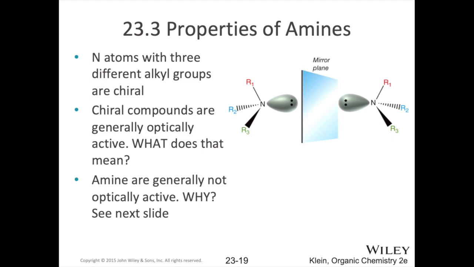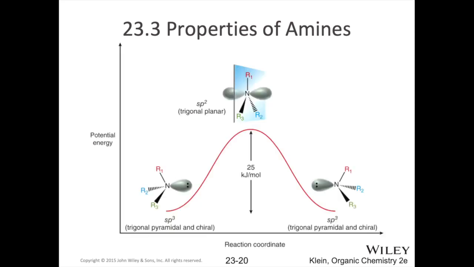And therefore, your optical activity kind of gets muted. It gets canceled out because it's relatively easy to flip from one quote unquote enantiomer to the other, right? Going through this sp2 hybridized intermediate, or not intermediate, sorry, transition state.